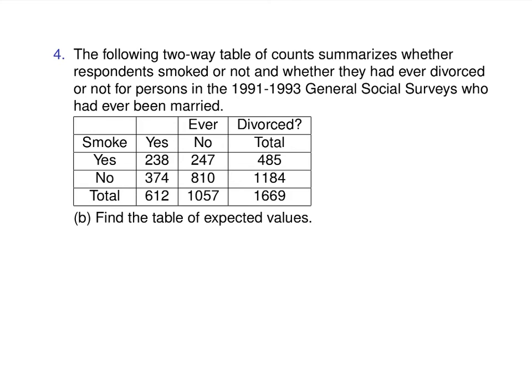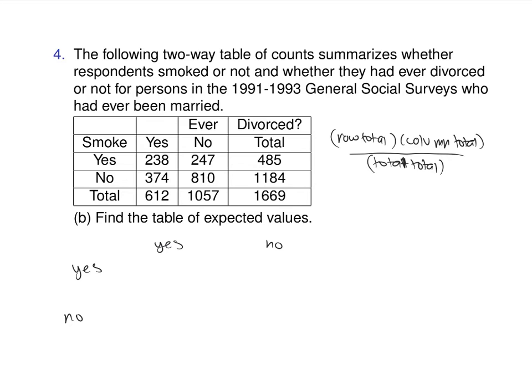Expected values. What's the formula that you use to find these? Is it row total times column total divided by total total? Yep. I'll just tell you what they are. So you have the yes, yes, no, no. The first one's 177.84.